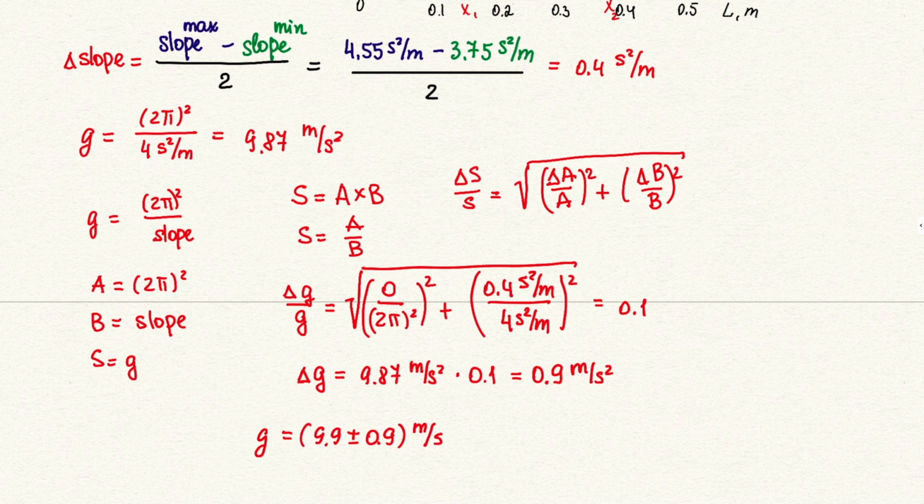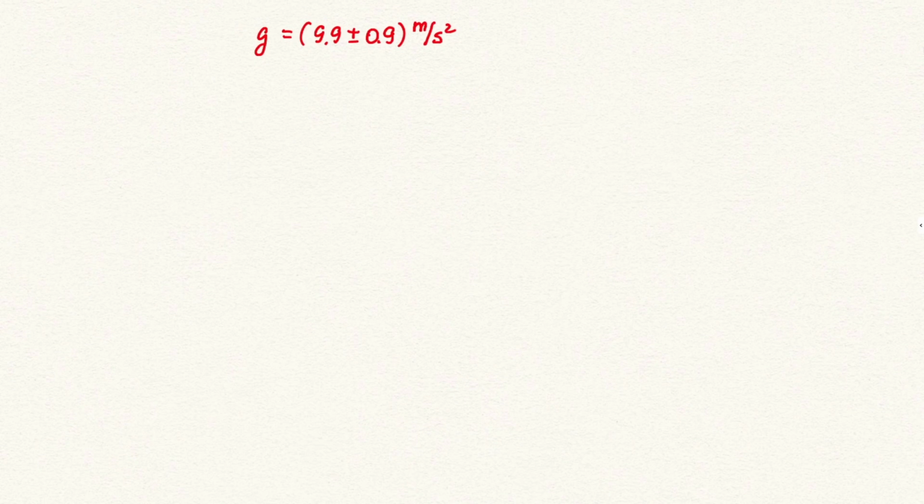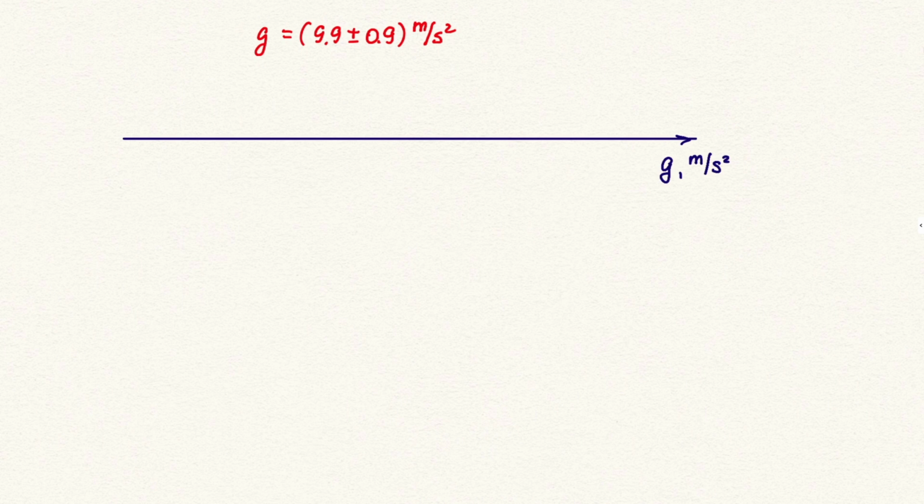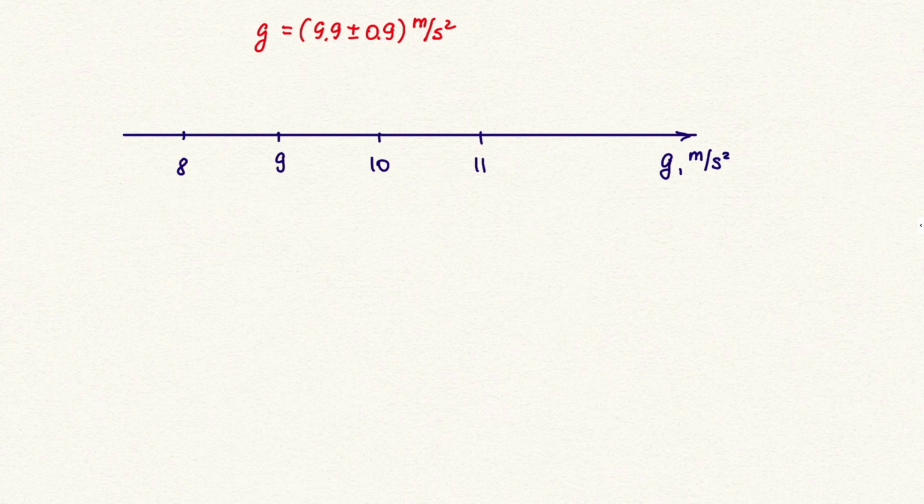So now the final step to this lab is to make a conclusion. Does our value agree with the predicted value of 9.81 meters per second squared? So let's compare them, and we will do it in a very nice way. We will draw a number line. Let's put our measurement on the number line.